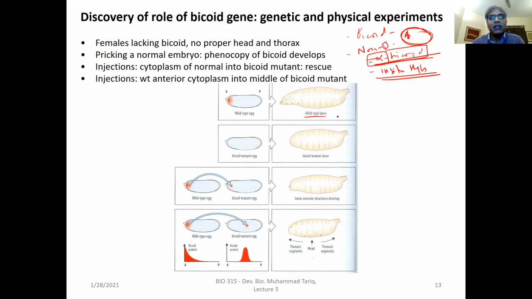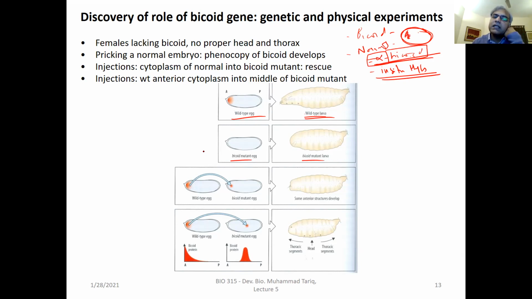And I would say an intelligent experiment is always simple. What they did, they pricked the embryo, and because they knew already the wild type phenotype and the bicoid mutant phenotype, okay?